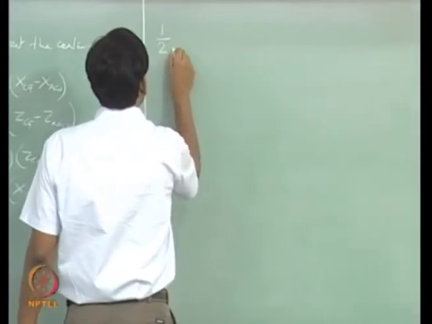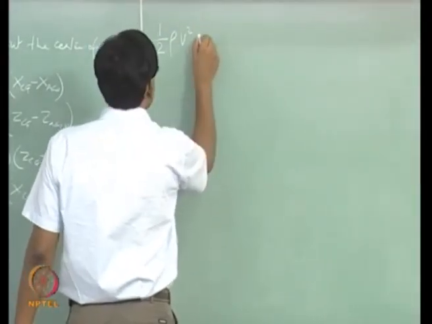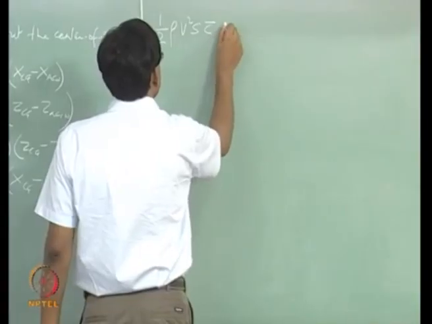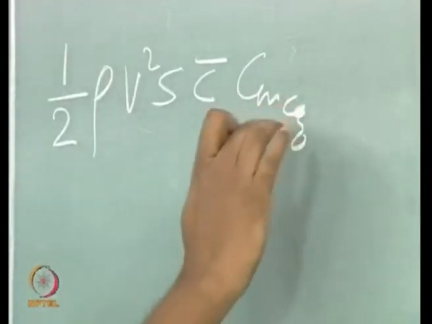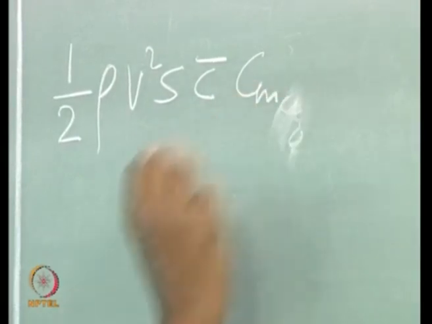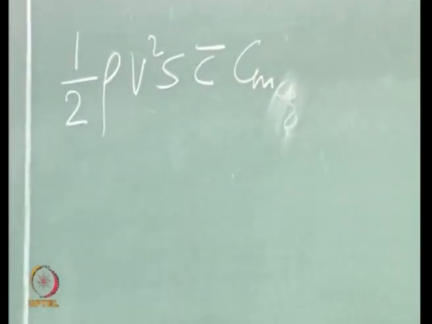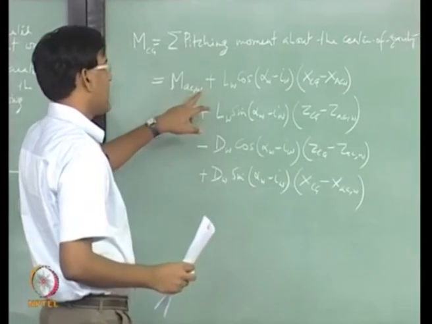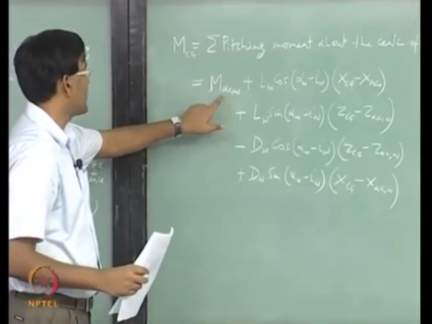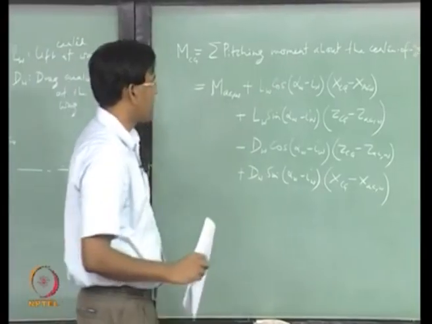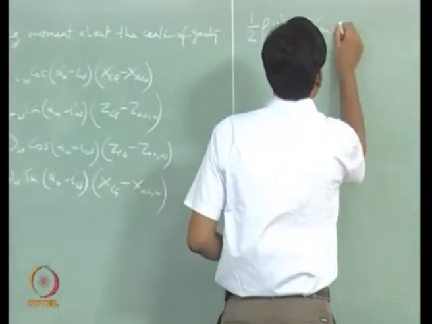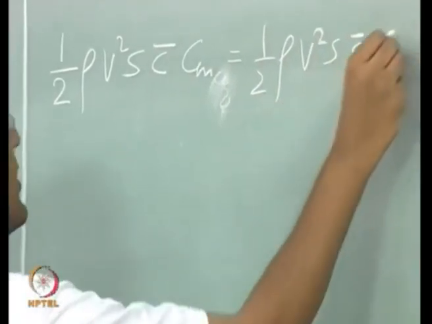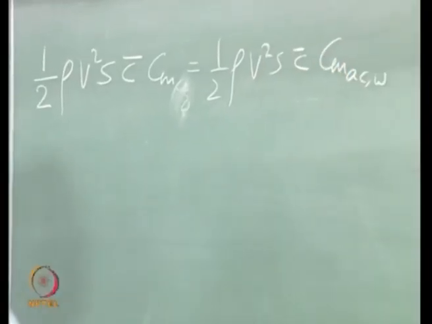So, M CG is half rho V squared S into C bar into Cm CG. We can drop this CG because we are always taking moments about the CG. So, wherever we do not need it, we will drop that CG. Here this moment is about the aerodynamic center of the wing, so we will keep that as Cm ACW.